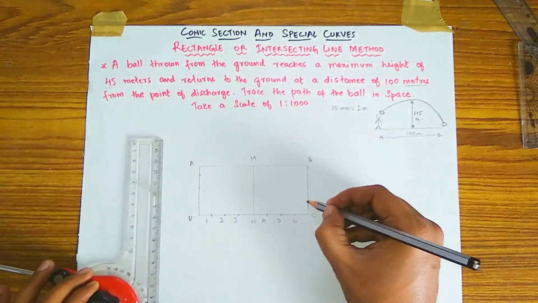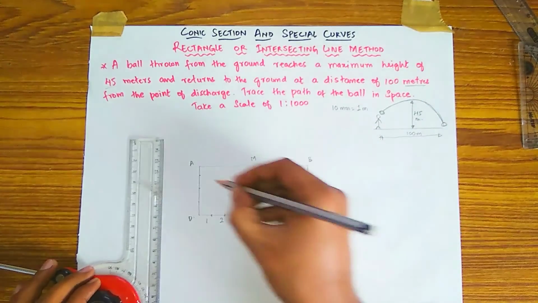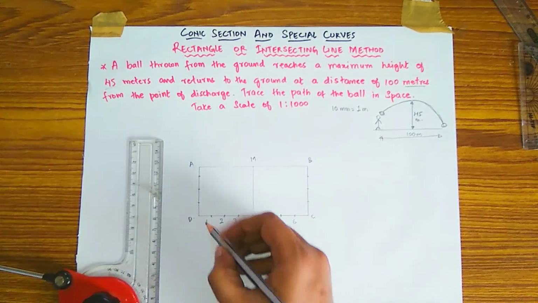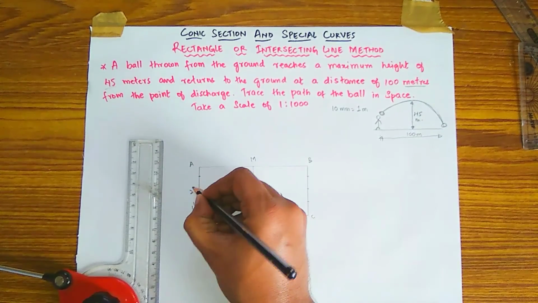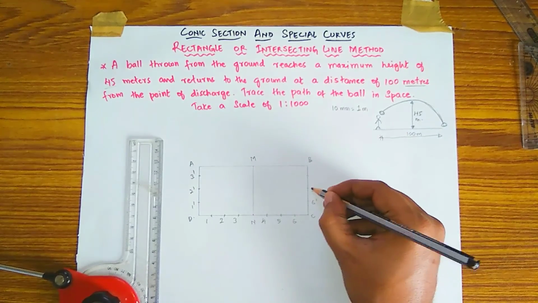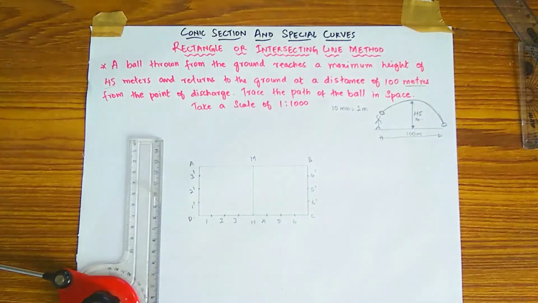Like that we take these points. If 1 is here, we label it as 1 dash, 2 dash, 3 dash. If 6 is here, 6 dash, 5 dash, 4 dash, like this you label it.